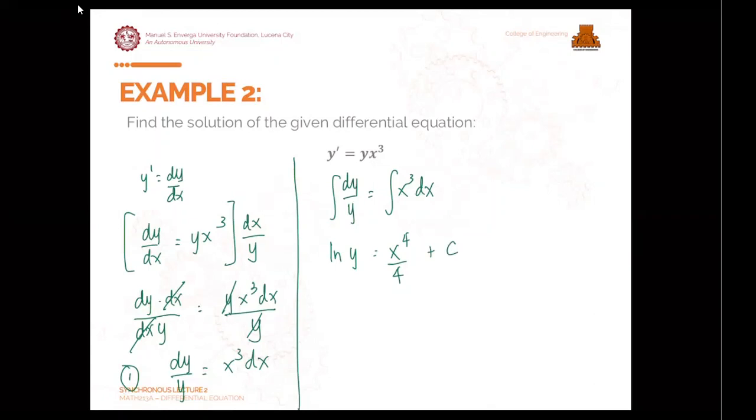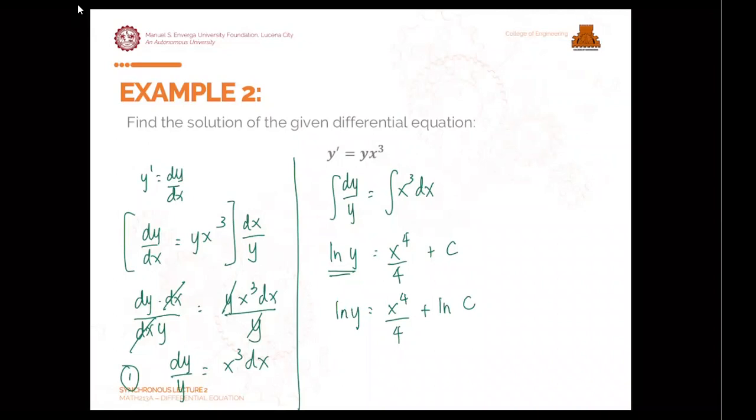Okay? Or pwedeng gawin natin ln c para parehas nung given natin na may ln tayo dito. No? Okay? So, simplify na natin. Gawin natin ln y equals to x to the fourth over 4 plus ln c.